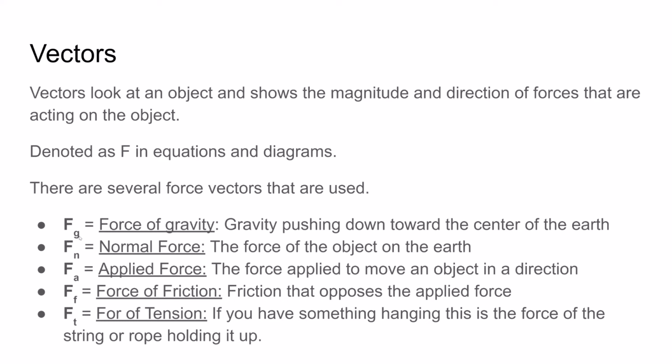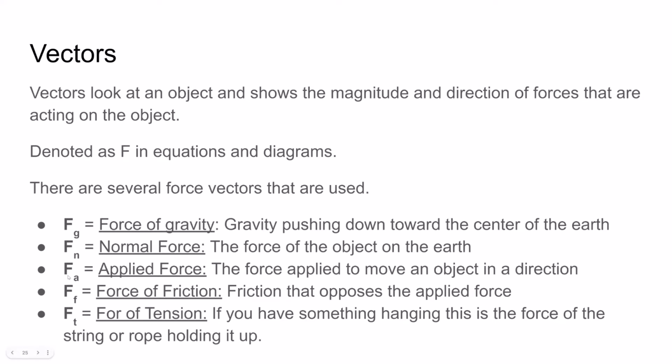Okay, so all of your little letters are self-explanatory because they're listed here. You cannot just write G. You need to put Fg for the force of gravity, because F is referring to a force of, and where that force is coming from. Fg, Fn, Fa, Ff, and Ft are all the force vectors we are going to be using.